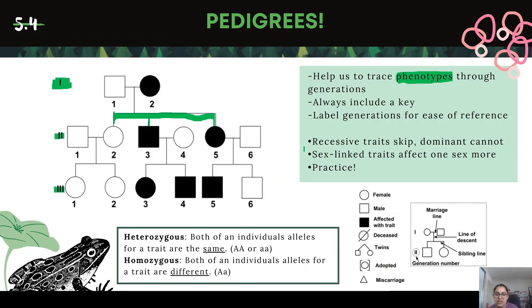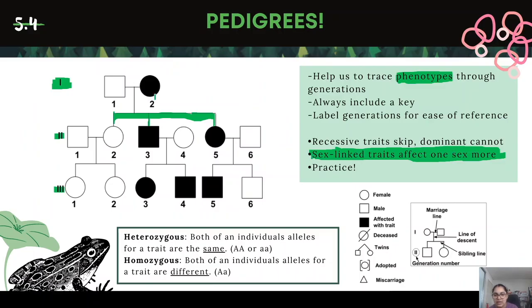So essentially what we can see is that sex-linked traits will affect one sex more than the other sex. That's the key here.